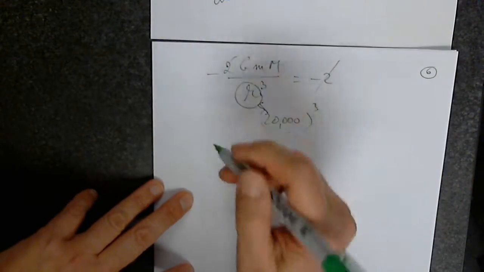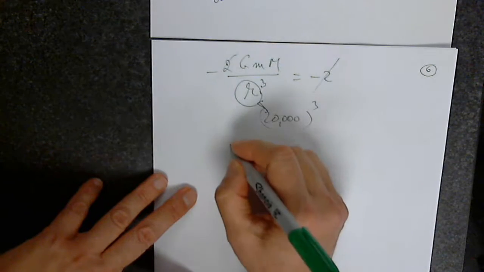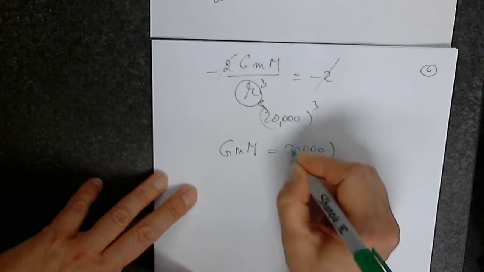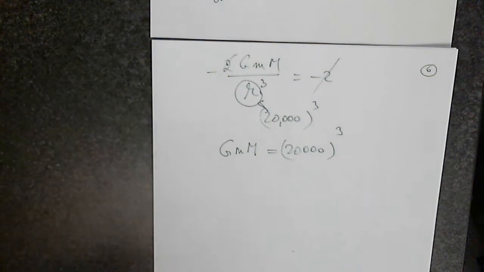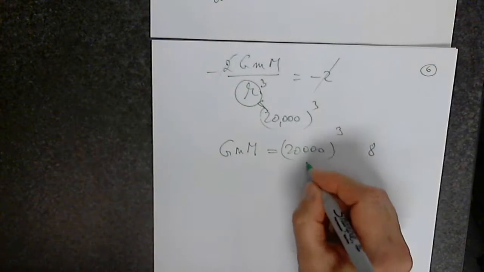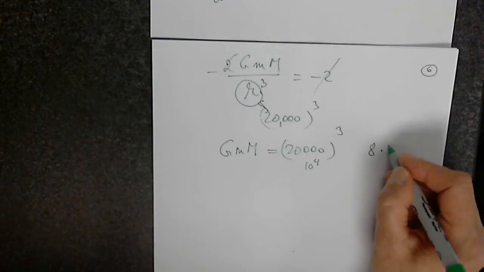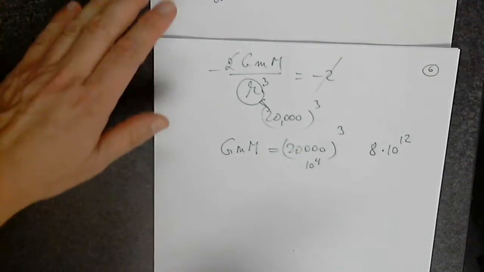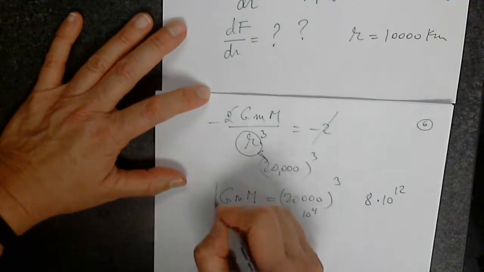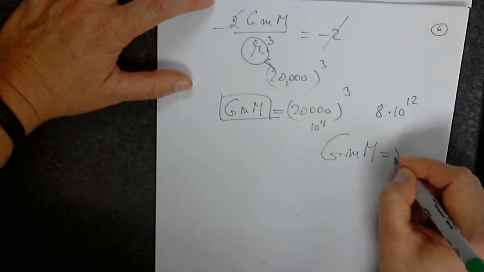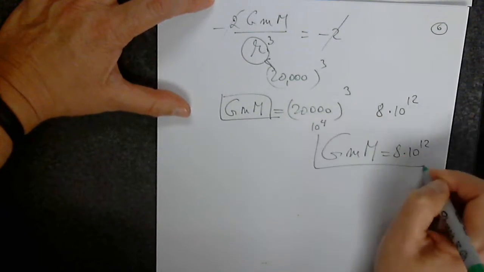I will simplify, and then it turns out that GMm is 20,000 to the third power. I'm going to raise 2 to the third power, and I'm going to say it's 8. 1, 2, 3, 4. 10 to the fourth to the third is 10 to the 12th power. So this information was really given to us to determine this product. So I know that GMm equals 8 times 10 to the 12th.